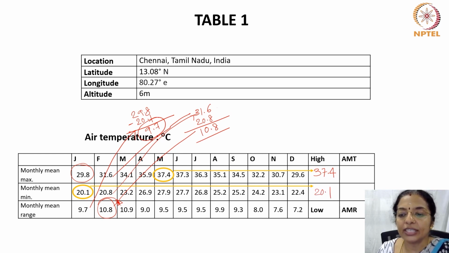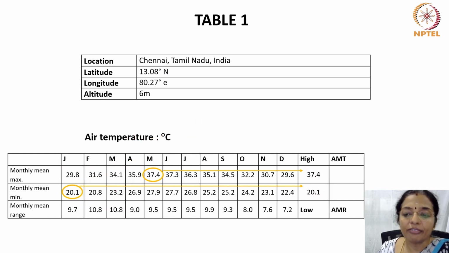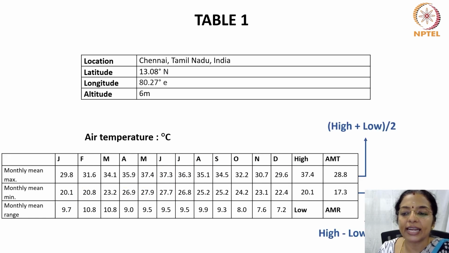And after this, after entering this, we have to calculate the AMT and AMR. So what is that AMT and AMR? I had already told you. AMT is the average of this and this.